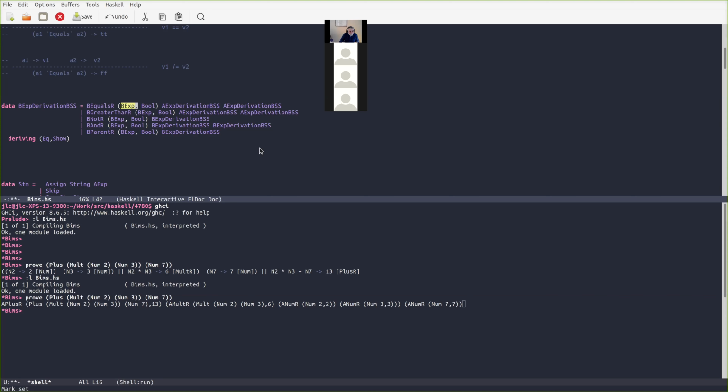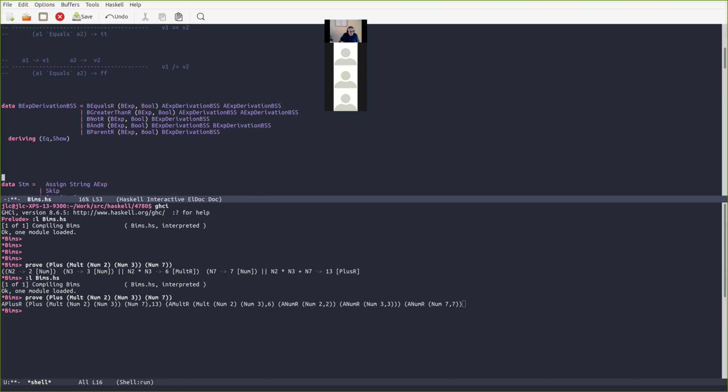What we'd really like to say is not that B equals takes a B expression, but that it actually takes an equals with two A expressions. This is a B expression, but we can't at this level specify which B expression. So we just have to say B expression.